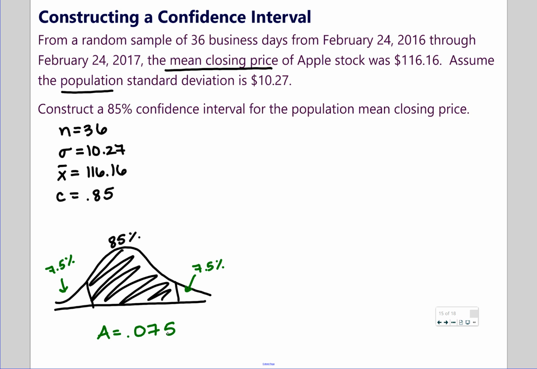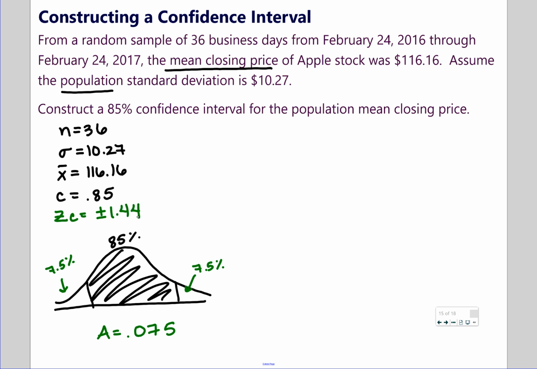We're looking for the one that's on the left, so you're looking on the negative values in your Z chart. Find the closest one to 0.075 on there. And I've got a 0.0749, so that looks pretty good. Negative 1.44. So the critical values of Z are plus and minus 1.44.